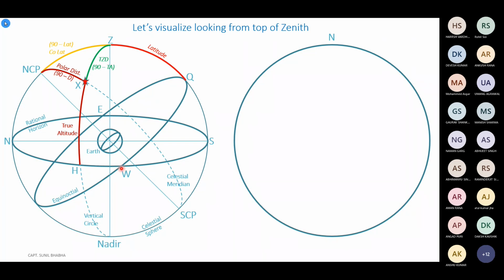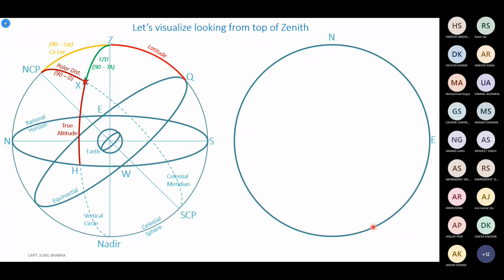So let us mark off these points in our rational horizon diagram. We have the north point here. If you go to the right side by 90 degrees, you will reach the east point, represented by E in our diagram.